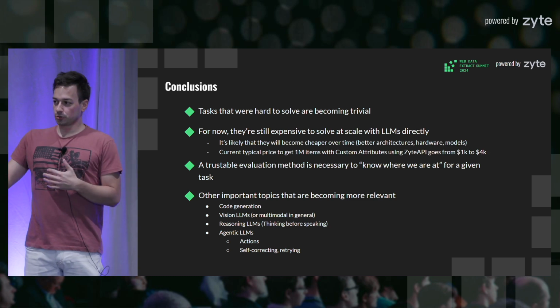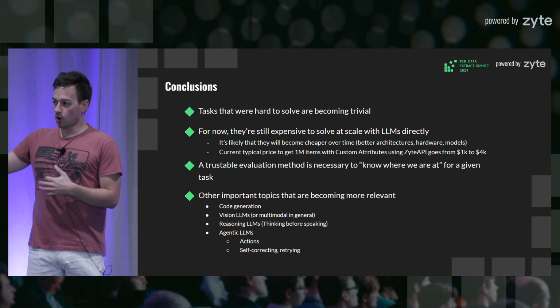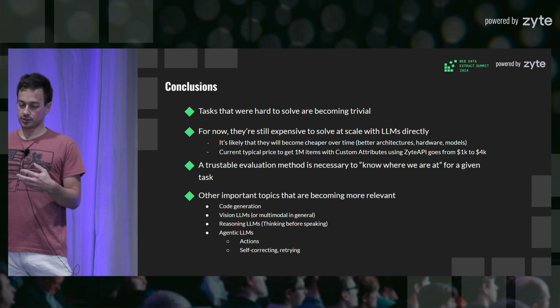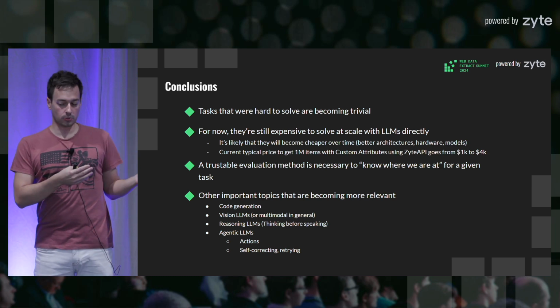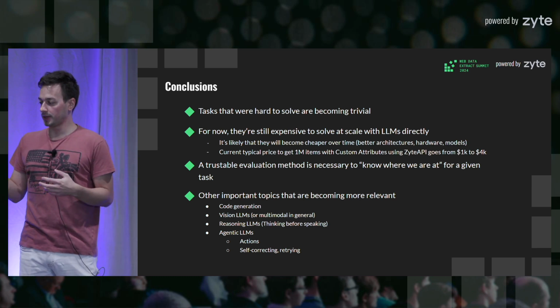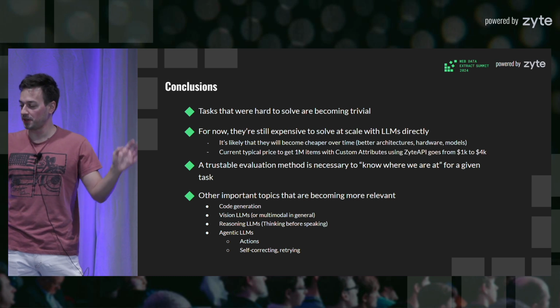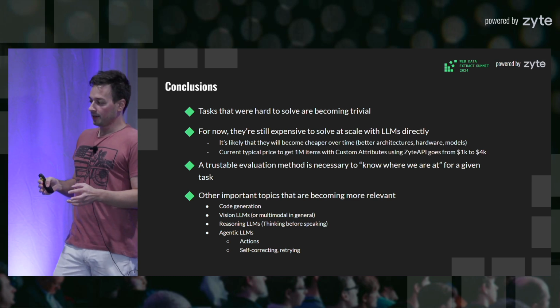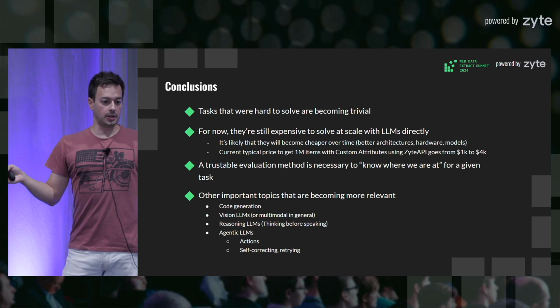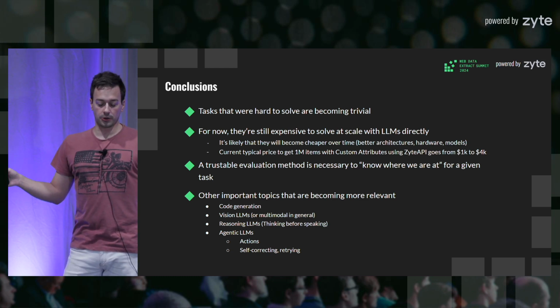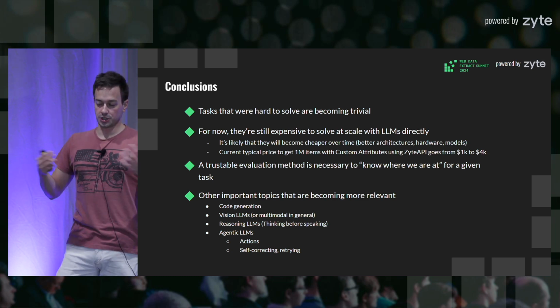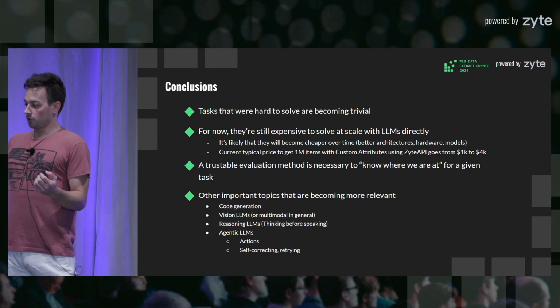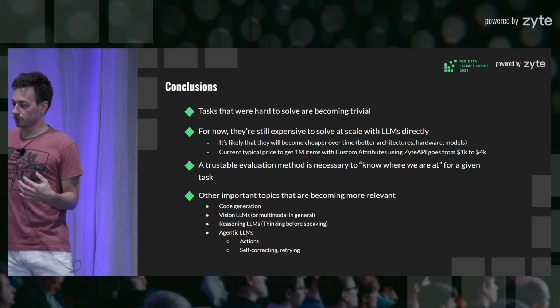So for example, if you want to scrape using an LLM from 1 million web pages, it's definitely too expensive to run. However, and this is just a hot take from me, but I guess a lot of you will also think the same, running LLMs is going to be more normalized, and it will become cheaper in the future. For example, we will get better architectures and hardware.